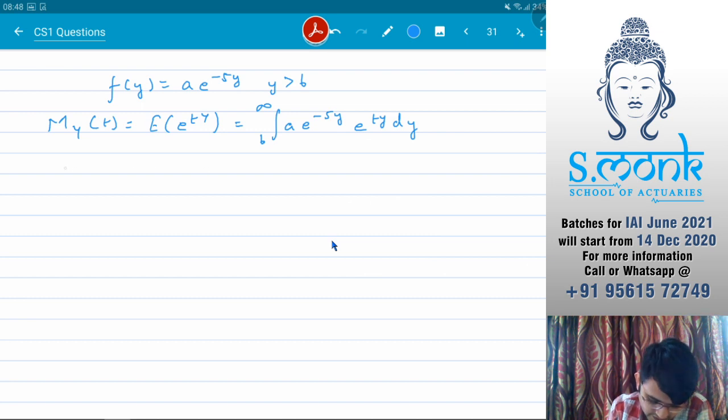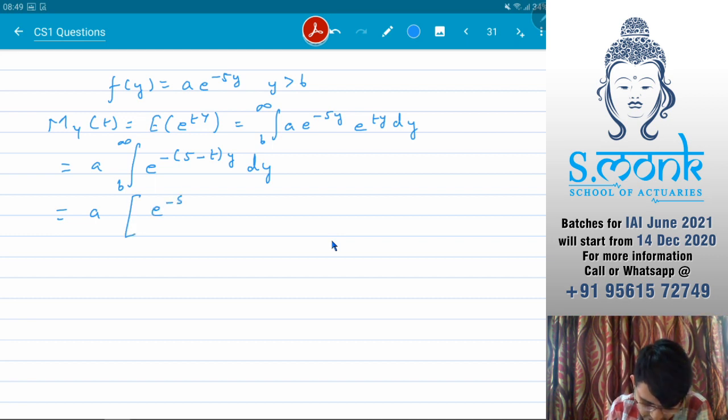So I will take a out, integration, and I'll say e raised to, this is nothing but minus 5 minus t y. That is why I've kept this minus sign, and this value must be a positive value. That is the point here. Okay, dy.